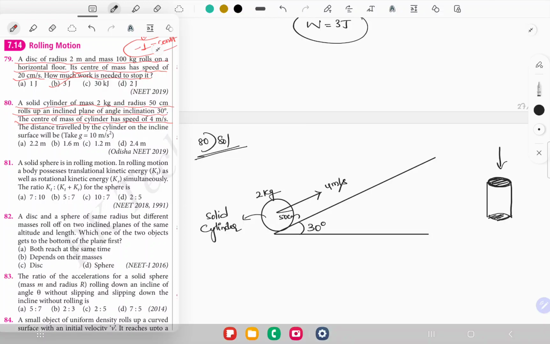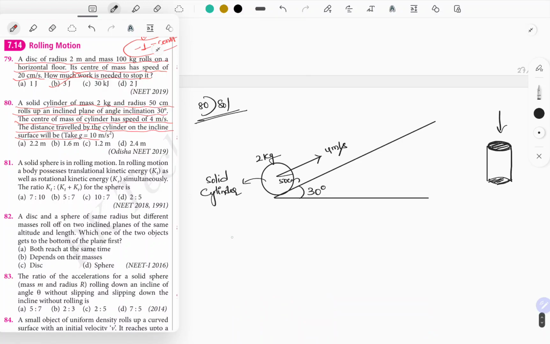The distance traveled by the cylinder on the inclined surface will be, okay, super. So when it reaches maximum height, what happens to final angular velocity and final linear velocity? Both of them will become 0, right?